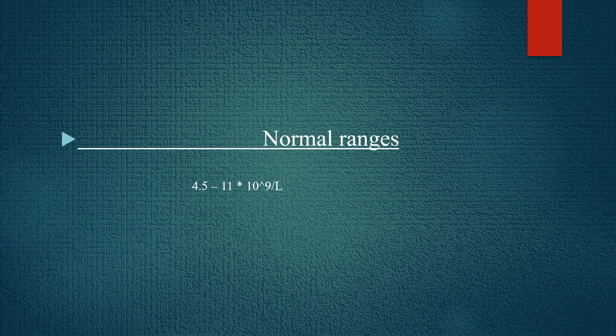Now, depending on the symptoms the patient is presenting with or the different factors at play, there could be causes of an increased white blood cell count that is above 11 billion cells per liter, or it could be a decreased white blood cell count.